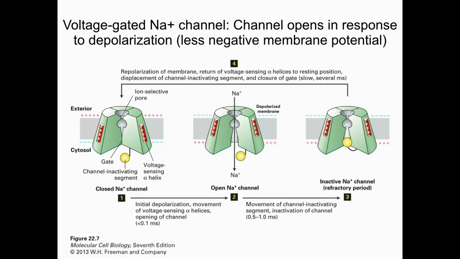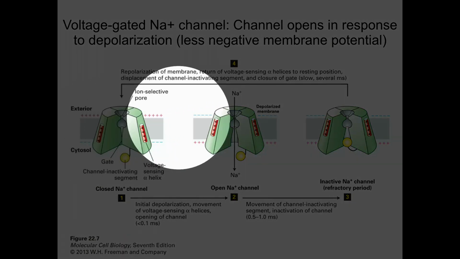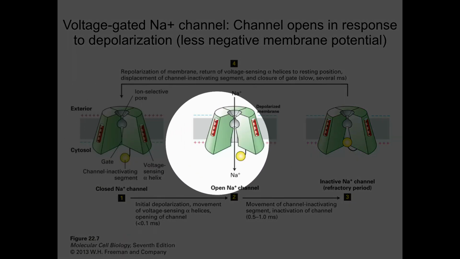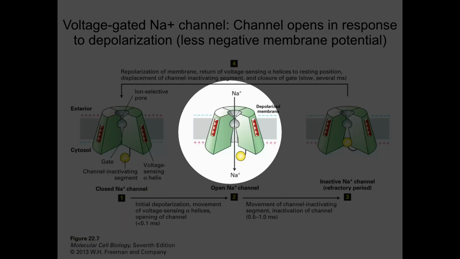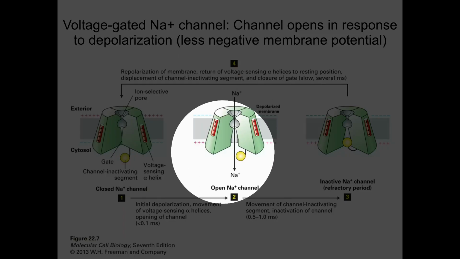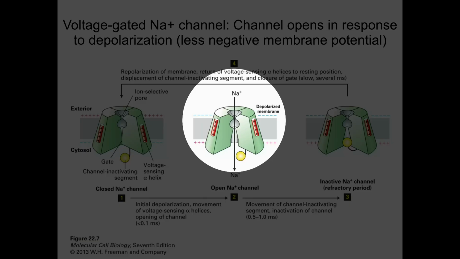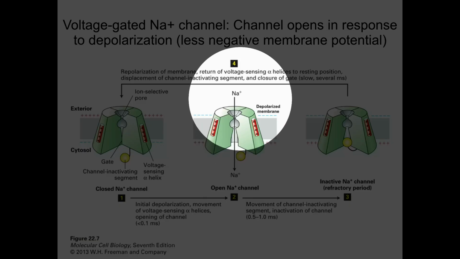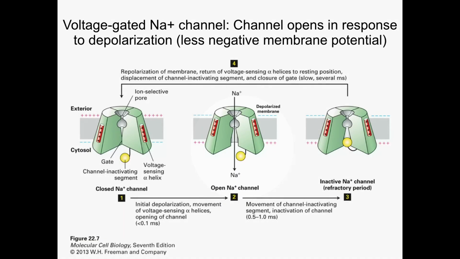And the conformation of this protein then depends on the charge across this membrane. Because when there's depolarization, that shifts the position of this alpha helix such that now it shifts up towards the exterior face of the plasma membrane, and that opens the channel which lets sodium ions rush in, okay?